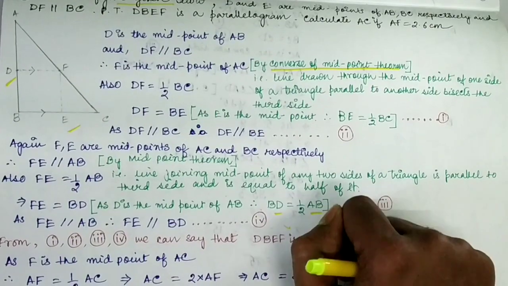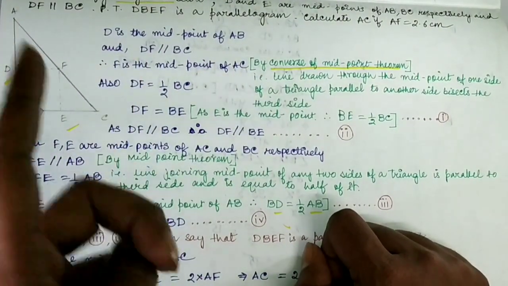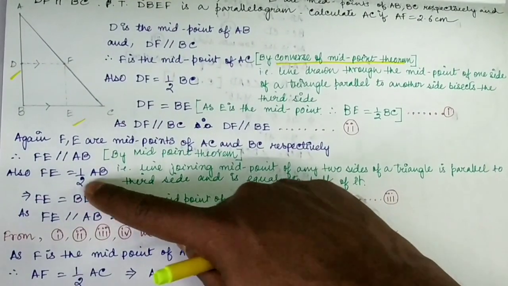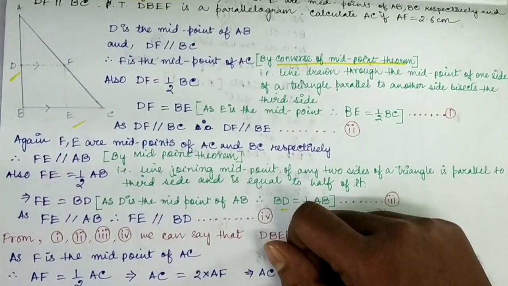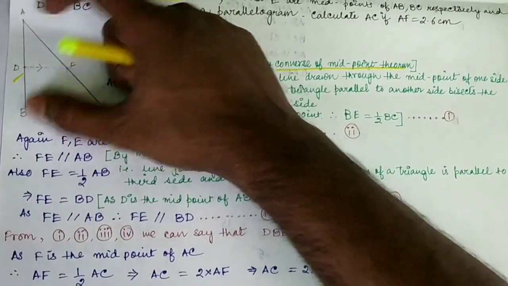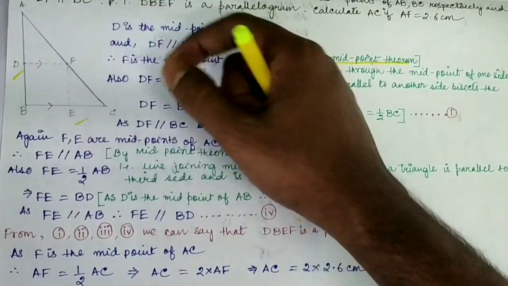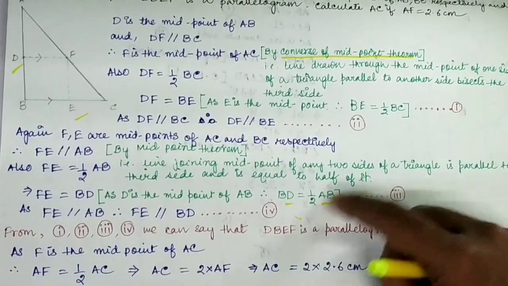It means that this point D bisects this AB into two equal parts. They are AD and BD. So in place of half of AB, we can write BD also. So we have written FE equal to BD. Again, since this line FE is parallel to AB, we can also say that FE will be parallel to BD as well. So we have marked these two points as 3 and 4.